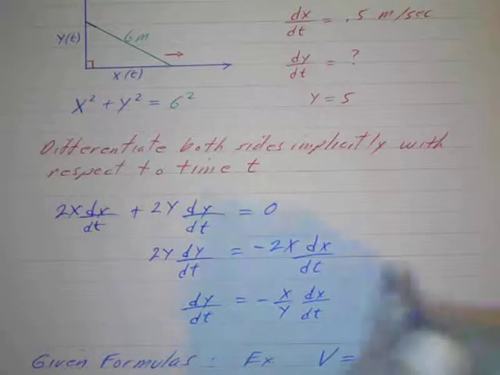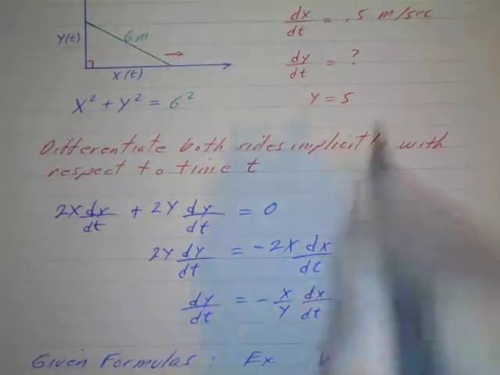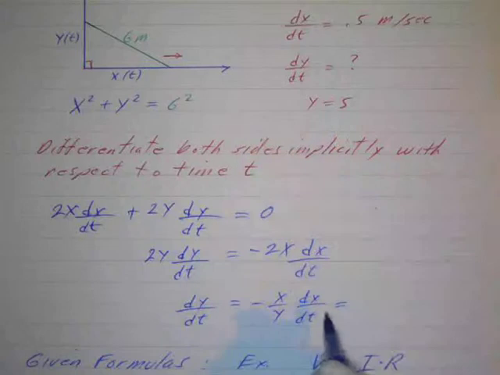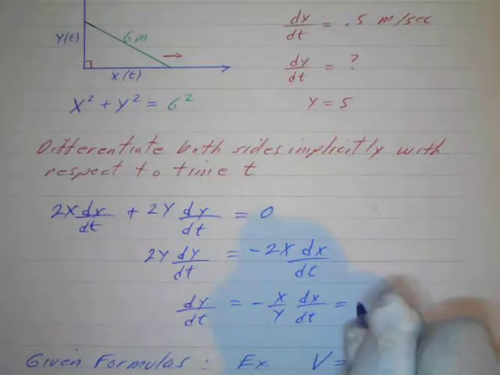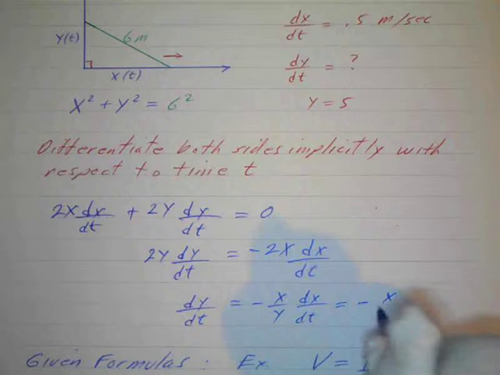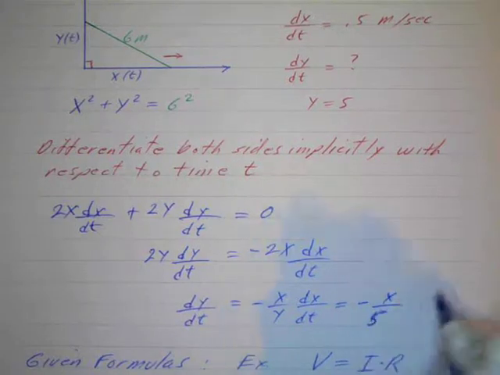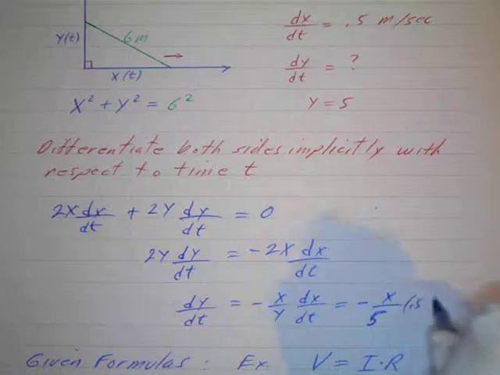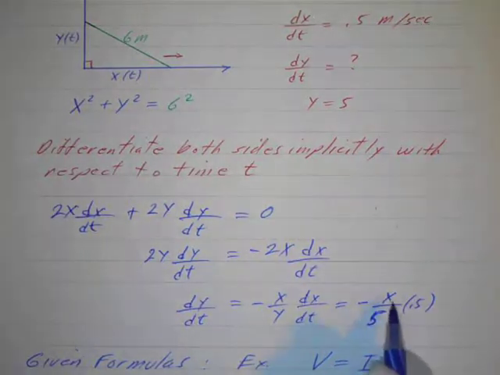Now I know what y is because we know that y is 5. I know dx dt is 0.5. So I've got negative x over 5, pardon me, times 0.5. Now where does this x come from?